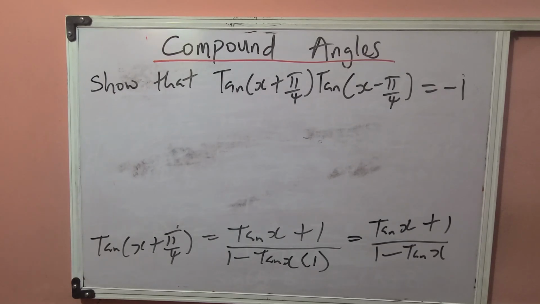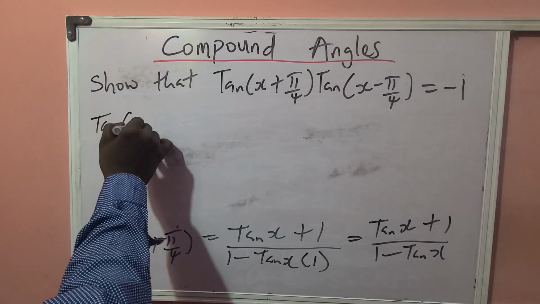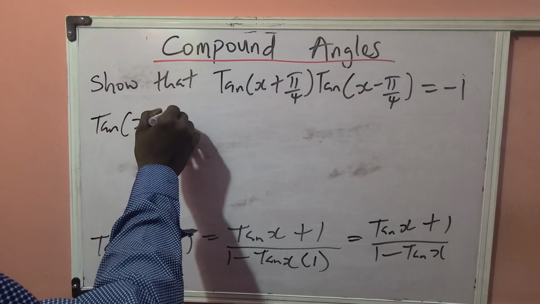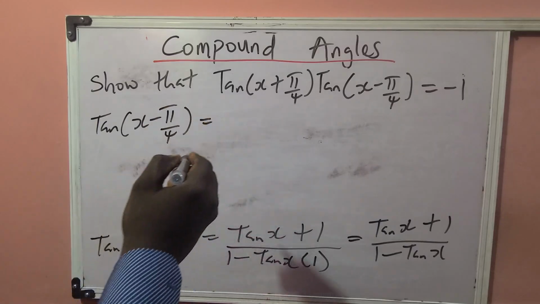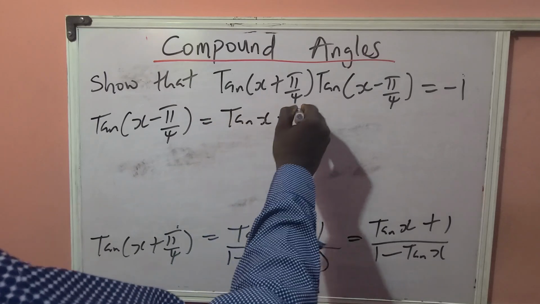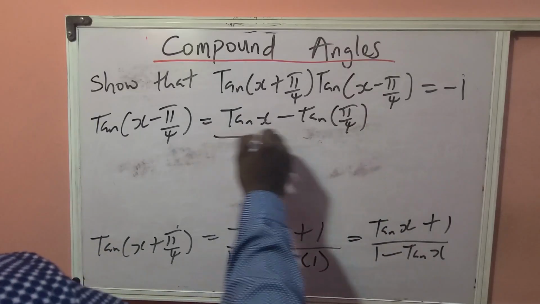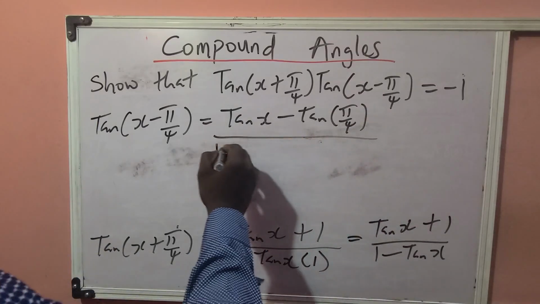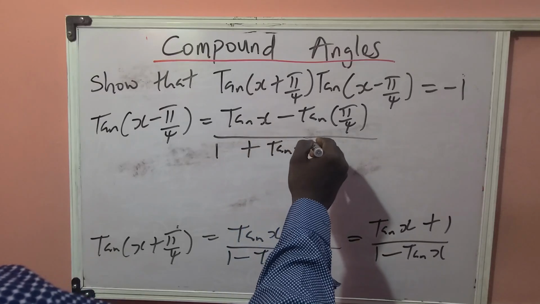So using the compound angles identity for when we had subtraction of two compound angles dealing with tangent, what we're going to get is the tangent of x, in this case, minus the tangent of pi over 4 divided by, now in this case, it's 1 plus. This is based on our tangent identity.